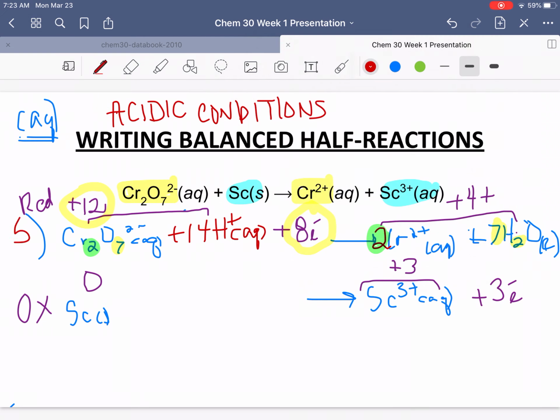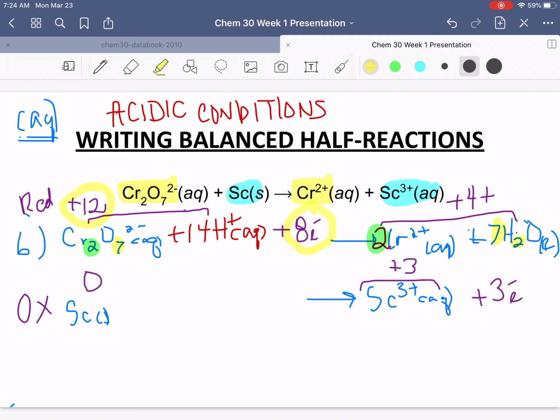Okay, last step here is that you need to make sure that everything balances out and cancel things out in turn. So step 6, if we're going to balance these out, look at the electrons. The top one has 8 electrons going in.